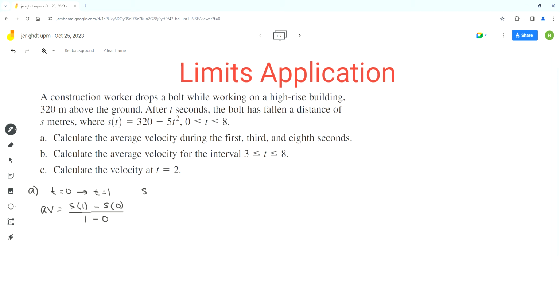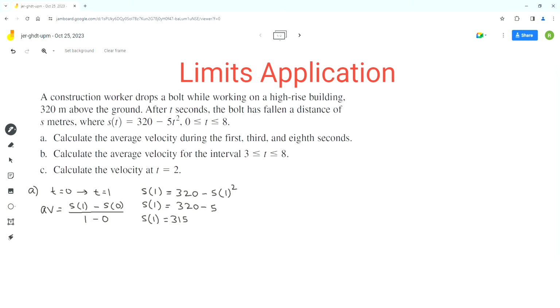So s at 1 will be equal to, we'll sub in t as 1 in this given position function. It will be 320 minus 5 times 1 squared. So 1 squared is equal to 1, and 5 times 1 is just 5. So s at 1 will be equal to 315.